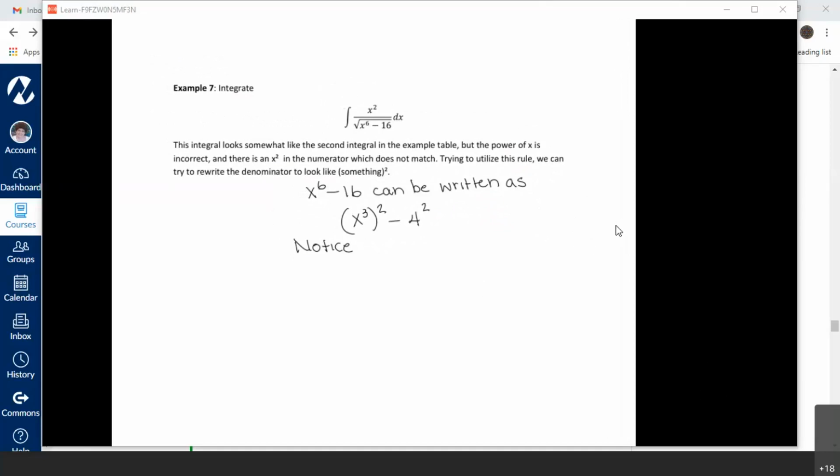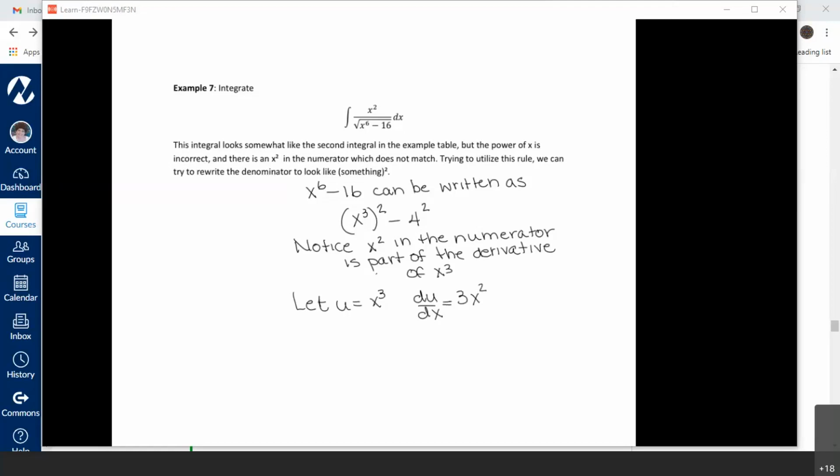All right. So what you want to notice is that x squared in the numerator of my integrand is the derivative of x cubed. So I'm going to let u equal x cubed. du over dx is going to be 3x squared.